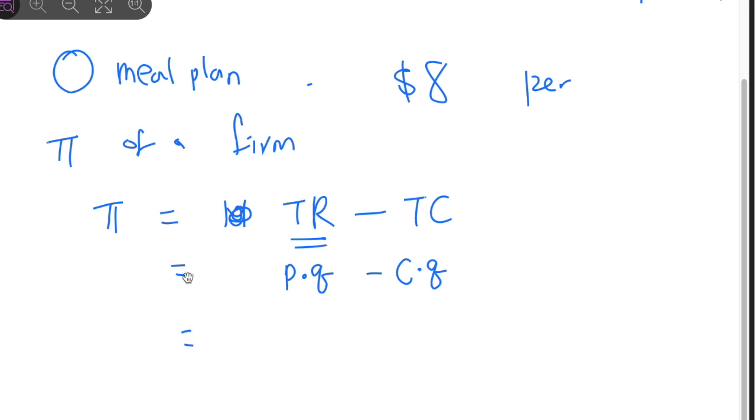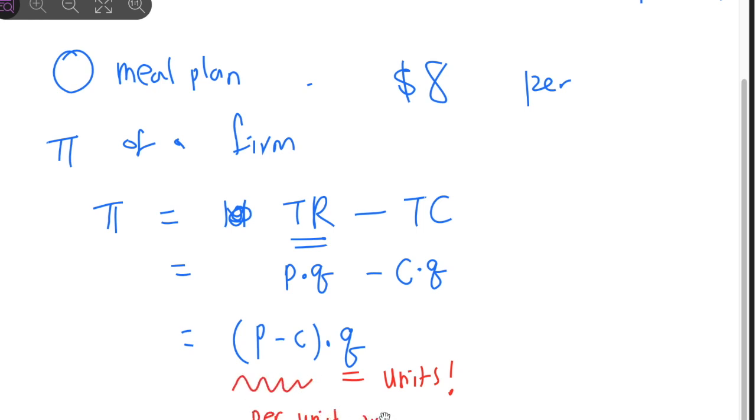So the profit equals (P negative C) times Q. So what does it mean? Q represents the number of units, and P minus C is the per unit profit. So the profit is decided by per unit profit times how many we sold. If the per unit profit decreases, then the total profit will be decreasing for sure.